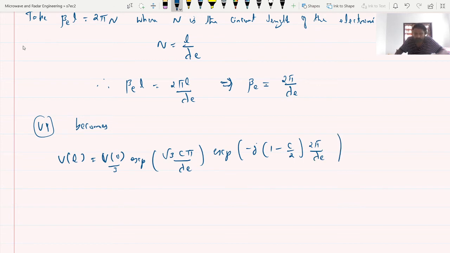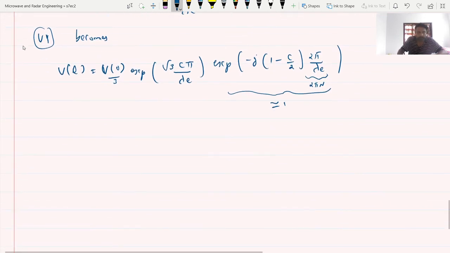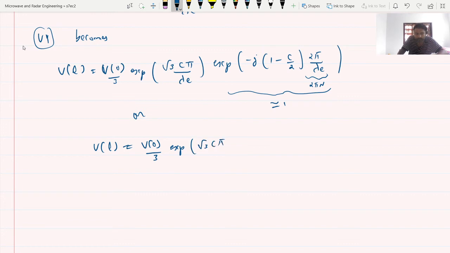So this term is somewhat nearly equal to 1. So this term I can call 2 pi N. Or I can write V of L is nothing but V of 0 by 3 exponential of root 3 C pi N.